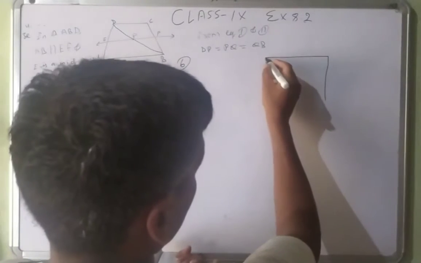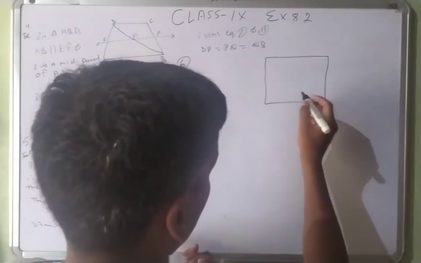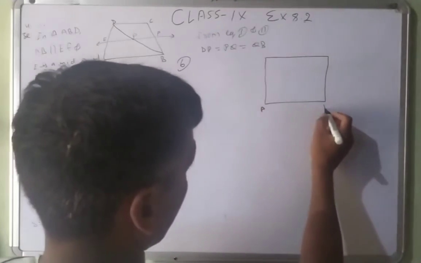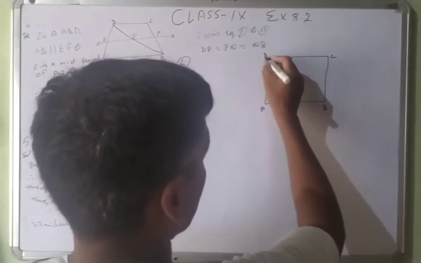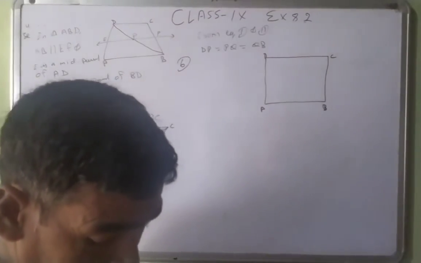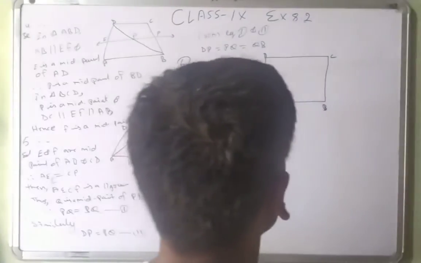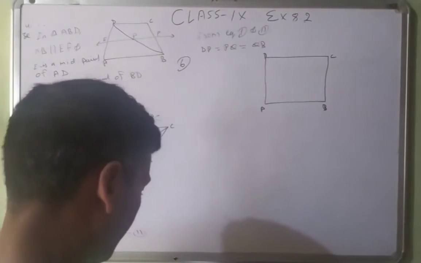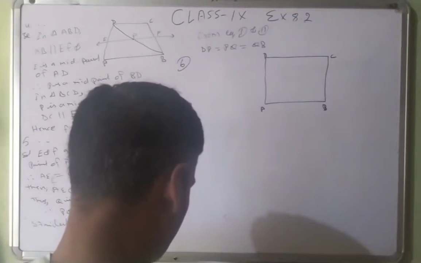This is the quadrilateral ABCD, and then after that we will join, and we will mark the midpoints also.